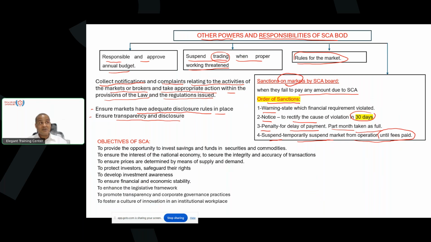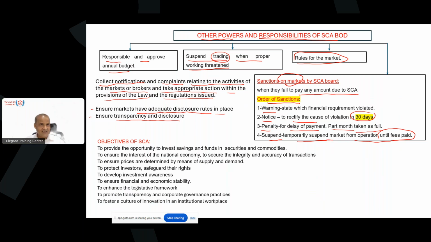There are various scenarios in the course where sanctions appear. We have to memorize the order of the sanctions. Clear? So tell me, SCA is imposing sanctions for what? For non-payment of any amount, by whom?